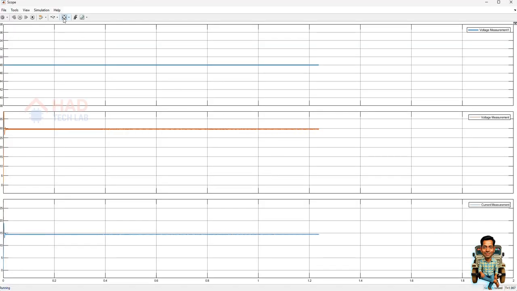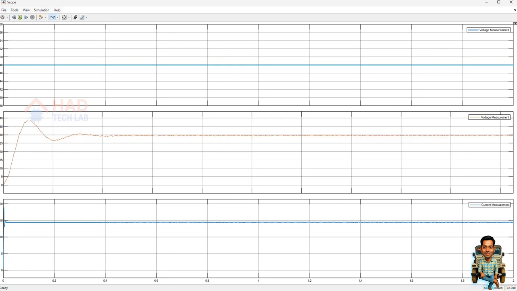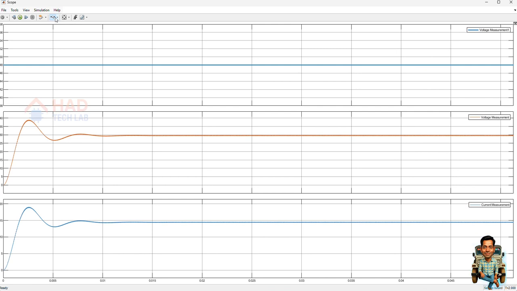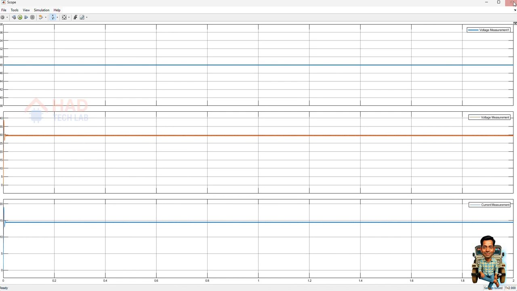So as you can see, the input voltage we applied here is 48 volts, and the output we are getting is nearly equal to 32 volts. Okay, I hope you learned. You can see that we are nearly reaching 30 volts because it is an open loop operation.